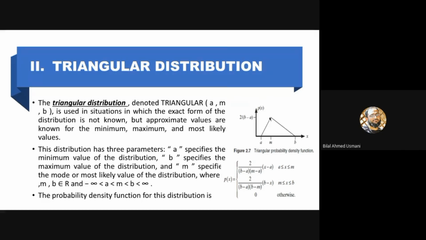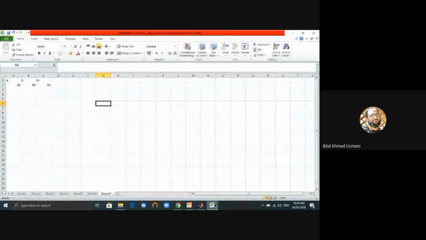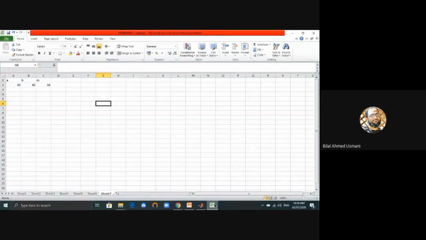Now, if we have an Excel sheet, with a minimum value of 50 and a highest value of 60, can you calculate the probability of x equals 52? A random variable can take any value between 50 and 60, and the most likely value of that random variable is 58.